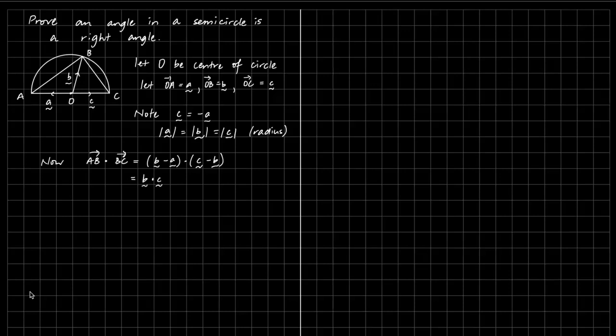We get b dot c minus b dot b minus a dot c, and then plus a dot b. Alright, so let's make the substitution that c is the negative of vector a.